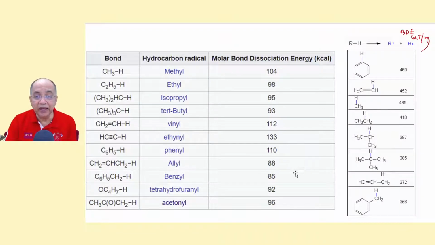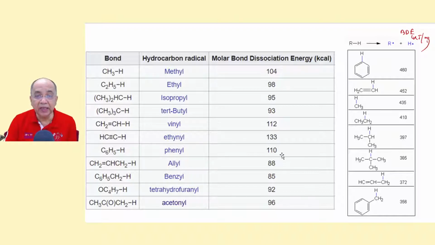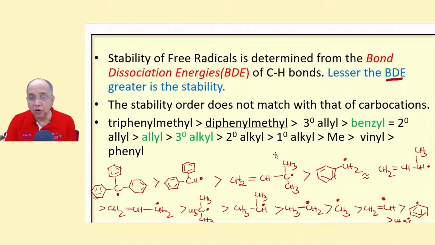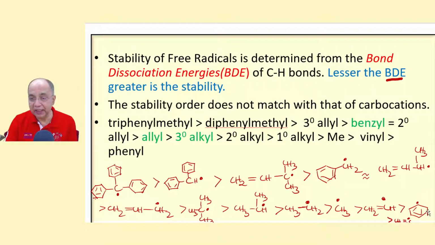Now phenyl comes here. Phenyl is 110 and this is 112. So phenyl is little, oh my god. Phenyl is 110, and the less the bond dissociation energy, the more the stability. So phenyl should be more stable than vinyl.